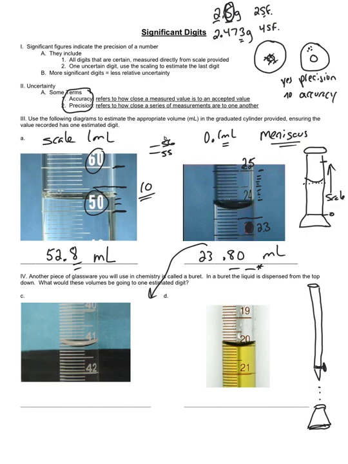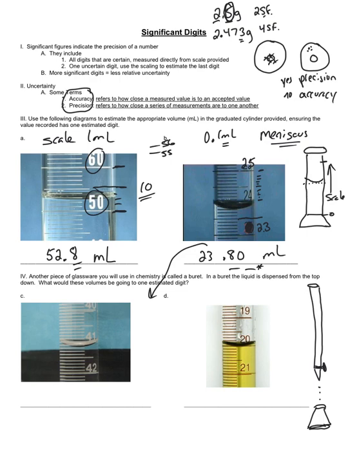Because the scale goes to the nearest tenth of a milliliter, my measurement would have to go one beyond that, or to the hundredths. So a better number for this device that we'd use to measure would be 23.80. If you think it's a little bit above that line, you might have put 23.81 or 82. If you think it's a little bit below, you might have said 23.79 or 78. But as long as it's around there and you have 2 decimal places, you're recording correctly.